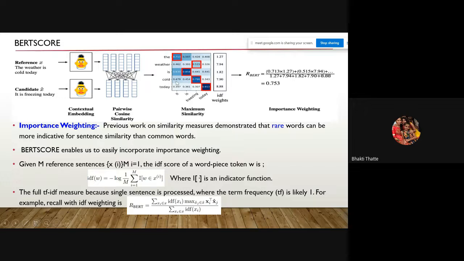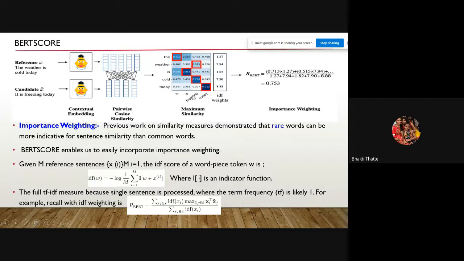Then "is" has a maximum matching of 0.8558. These are the same word. Whereas weather and freezing: freezing is not the weather, but it is an attribute of the weather, giving special information about the weather. So when it is matched, it gives the number 0.515.